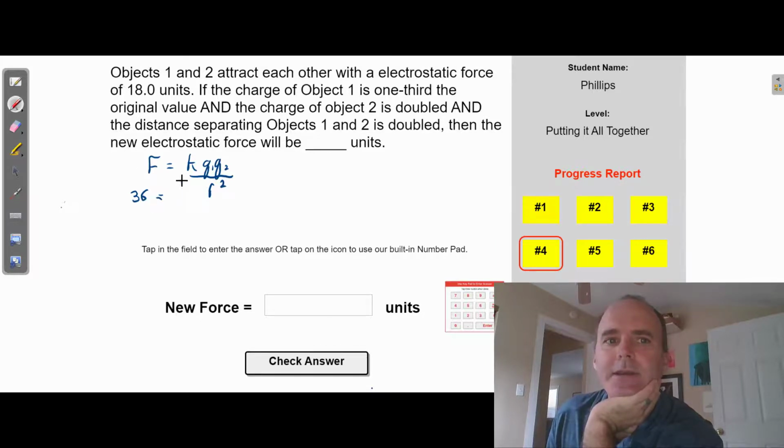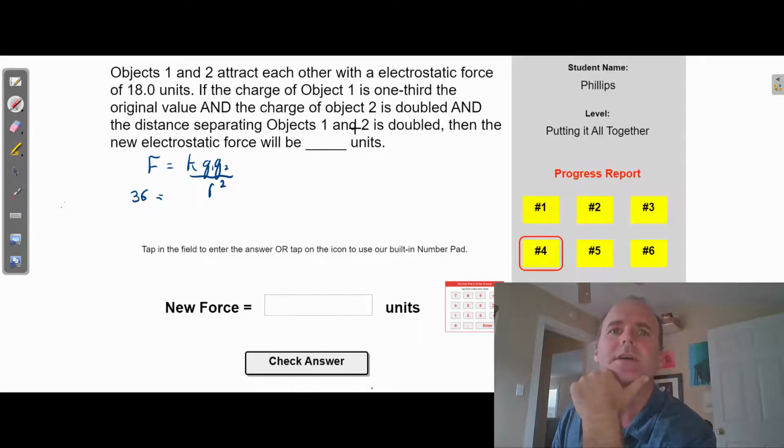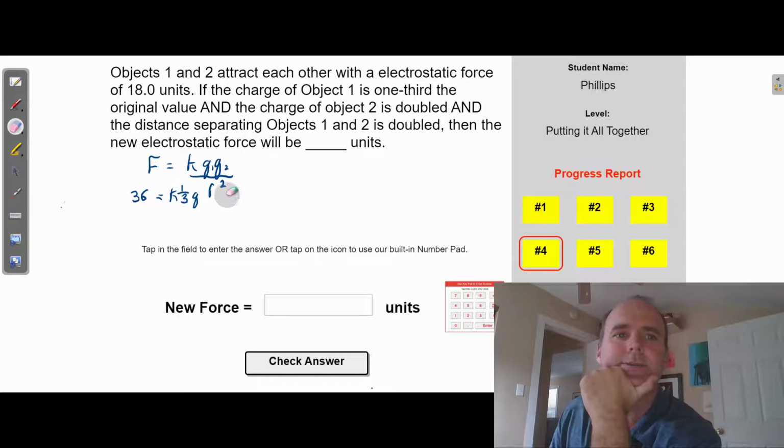All right, now it's saying that our Q's are 1/3, and the charge on object 1 is 1/3 the original value, and object 2 is doubled. Okay, so here we have object 1 is 1/3. I'll keep my K here. 1/3 Q, and object 2 is double.